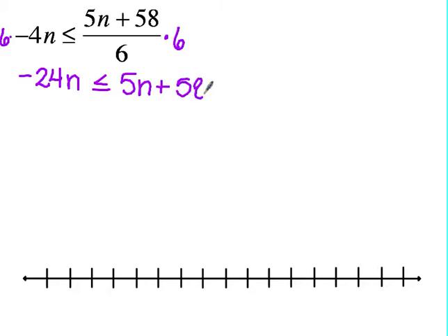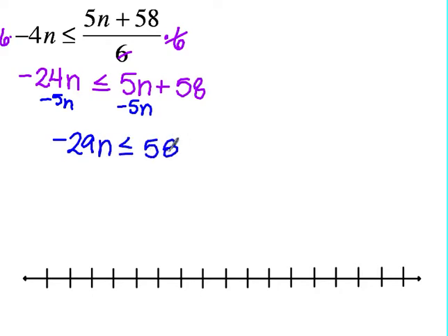Now on the right side, what ends up happening is they end up just canceling. So now I just need to solve that. Okay, so I'll subtract 5n. So you end up getting negative 29n, less than or equal to 58. And then now what do we do?